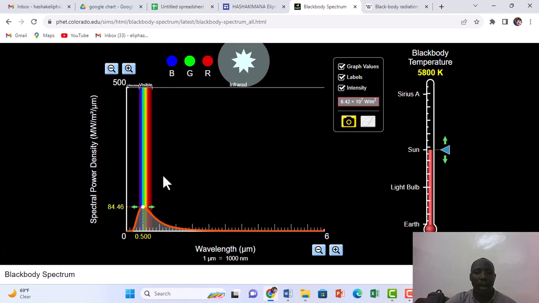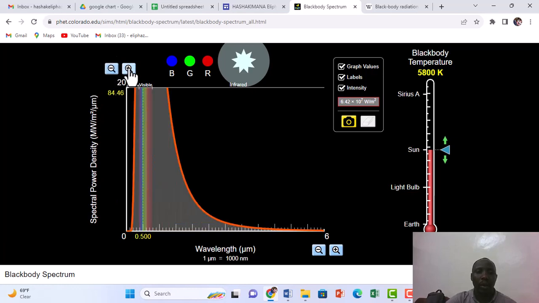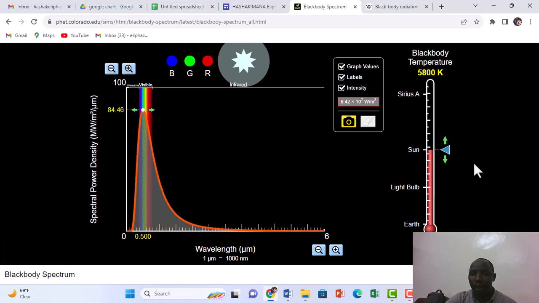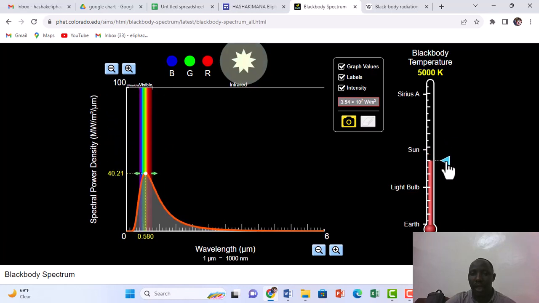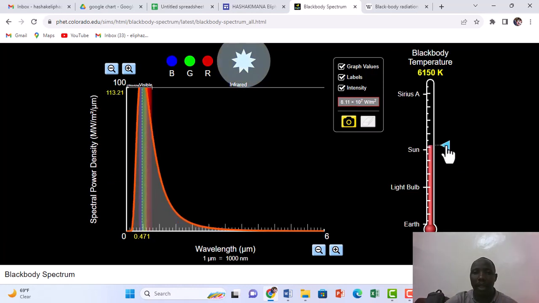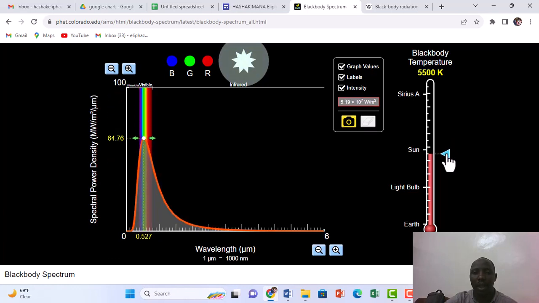Understand that that's how the PhET simulation can explain the concept of black bodies. You see how, when the temperature decreases, this area is also decreasing. When the temperature decreases, the power on this axis decreases, and when it increases, you see how the black body changes according to the change in temperature.